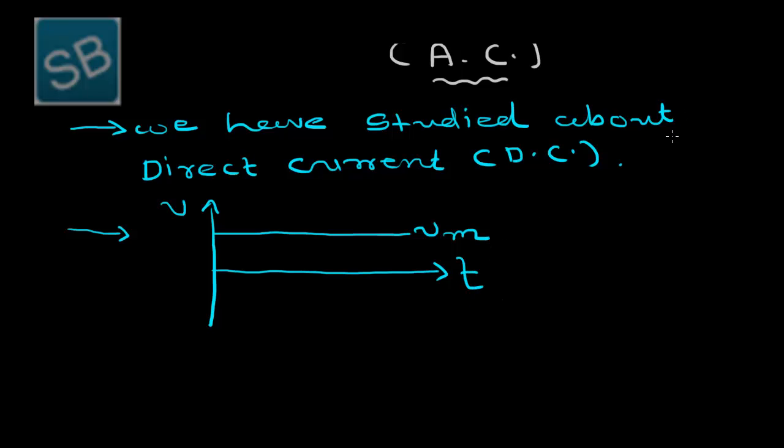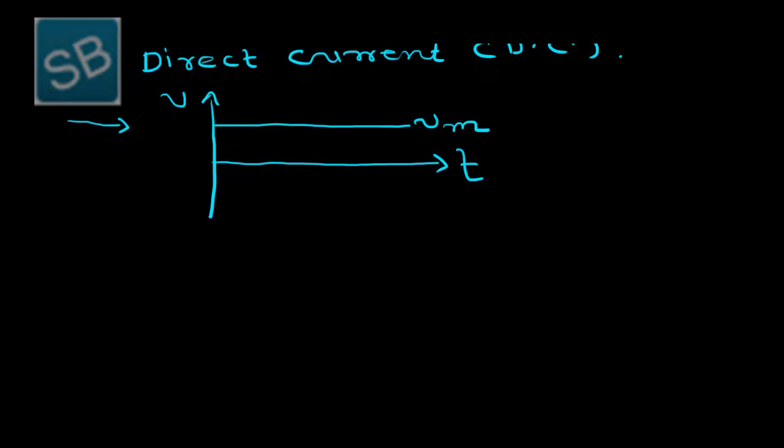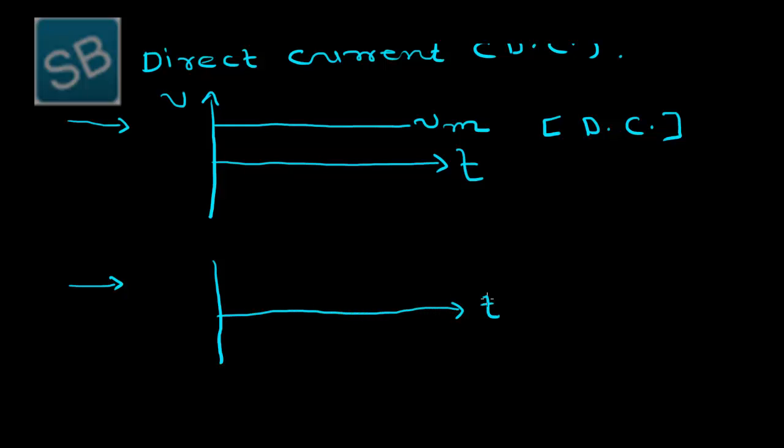And in the alternating current, if we see the same characteristic, this is for DC, and now for alternating current, the voltage is continuously changing with respect to time, either sinusoidally or anti-sinusoidally.